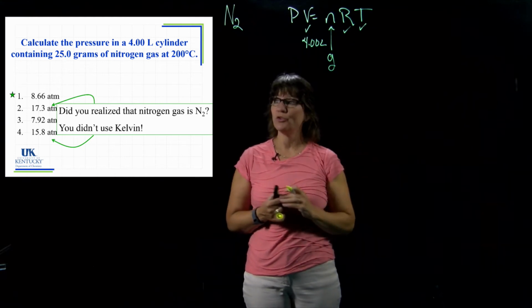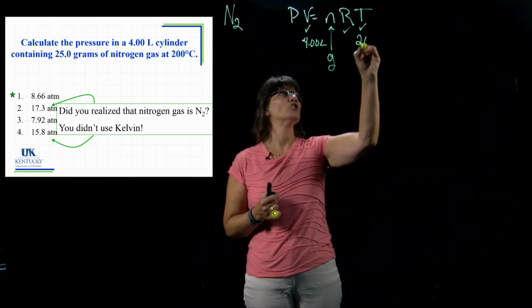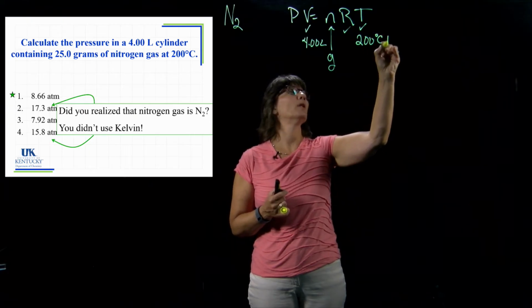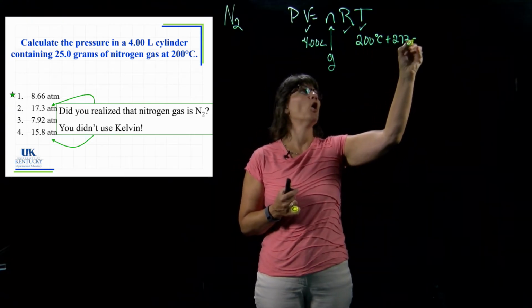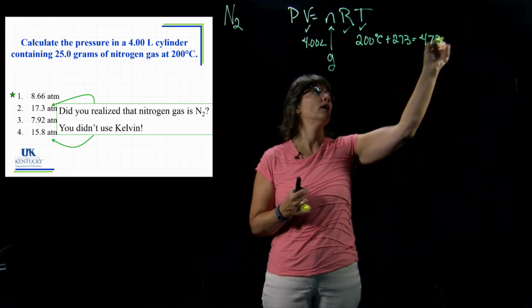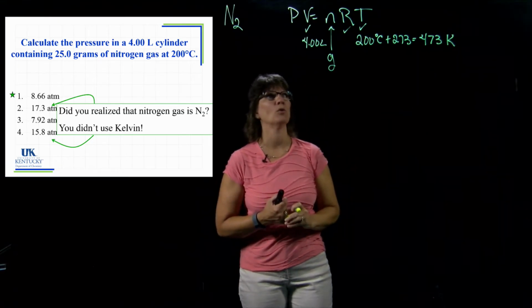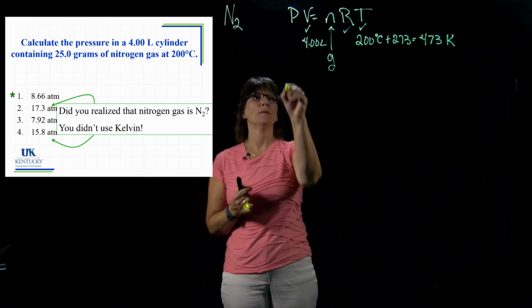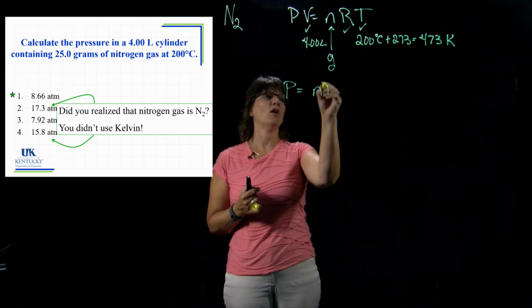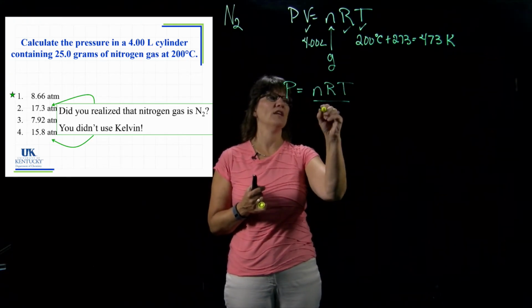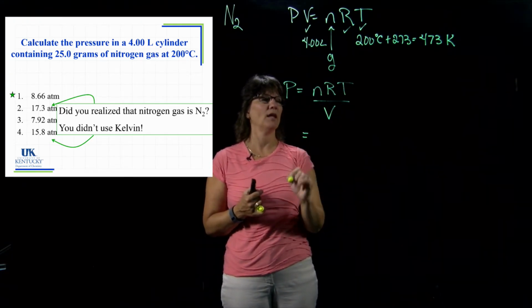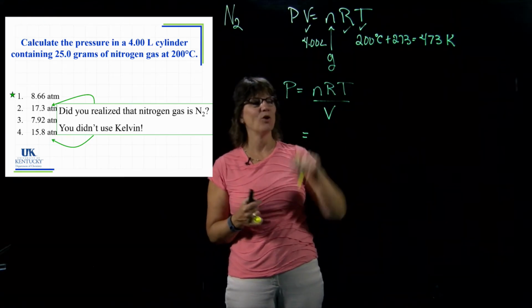Now, we don't use 200 degrees Celsius, right? 200 degrees Celsius plus 273 will give me 473 Kelvin. That's what we want to use. So let's solve for pressure. Pressure equals nRT over V, and let's plug everything in. Oh, I can't plug everything in because I don't know n yet.